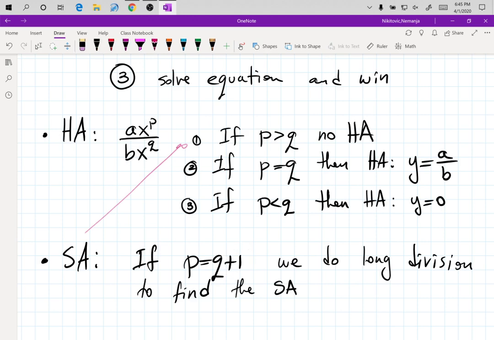Because when you divide x cubed by x squared, you get a single x. When you divide x to the 10 by x to the 9, you get a single x. So you can have a linear line. If you have something like x cubed divided by x, the quotient there is x squared.